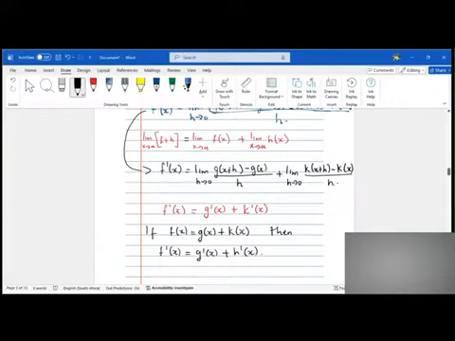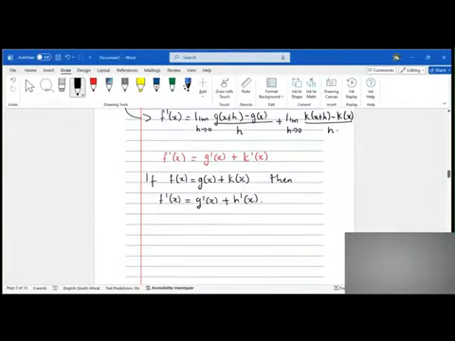In the same way, using the first principle, you'll see that if y equals f of x minus g of x, the derivative is f prime of x minus g prime of x. We can prove this in the very same way that we proved the previous one, the sum rule.